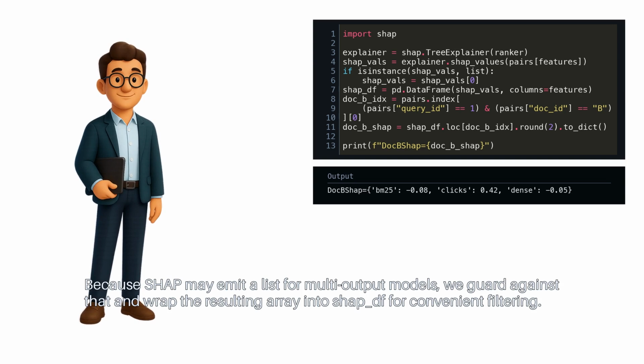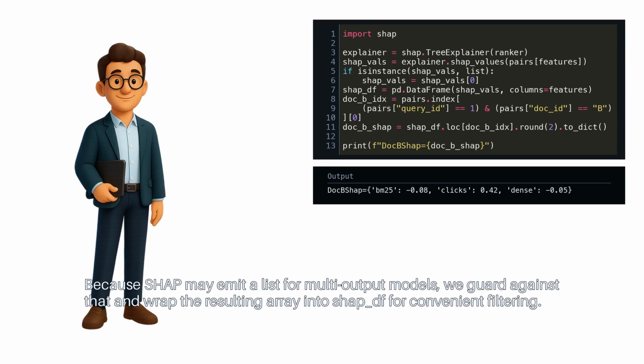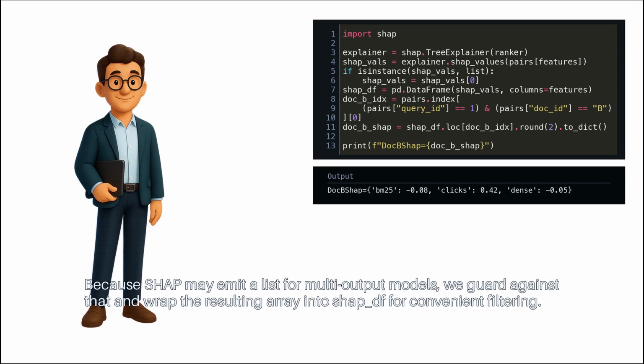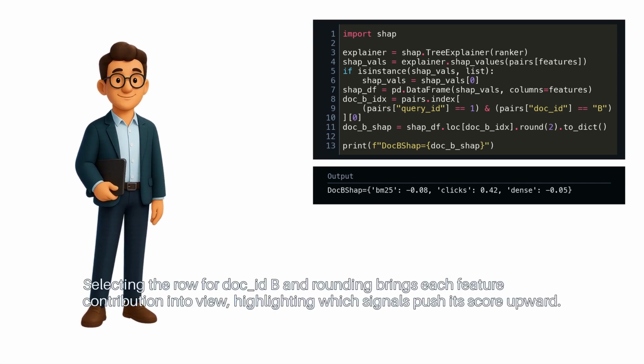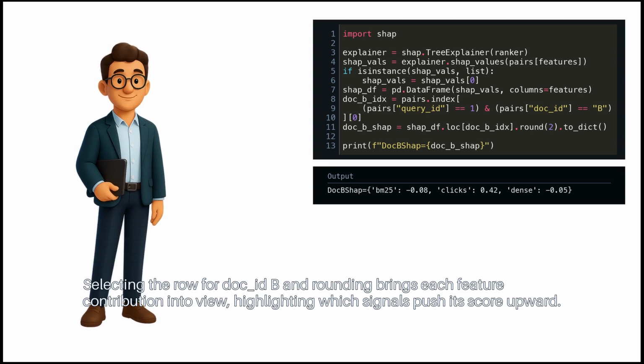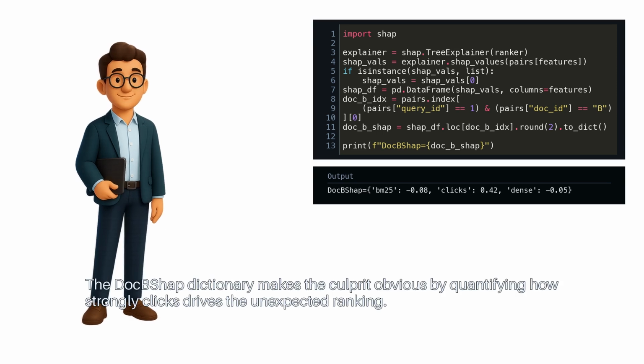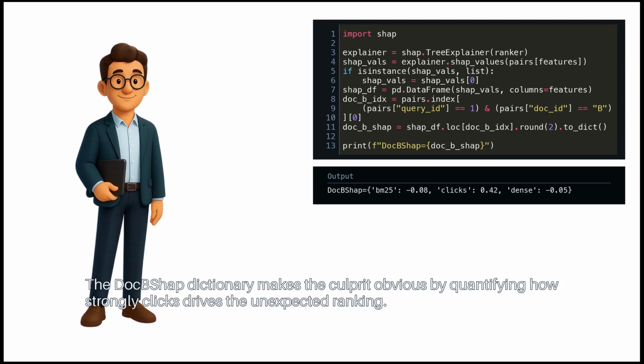Because SHAP may emit a list from multi-output models, we guard against that and wrap the resulting array into a shap_df for convenient filtering. Selecting the row for doc ID B and rounding brings each feature contribution into view, highlighting which signals push its score upward. The doc B SHAP dictionary makes the culprit obvious by quantifying how strongly clicks drive the unexpected ranking.